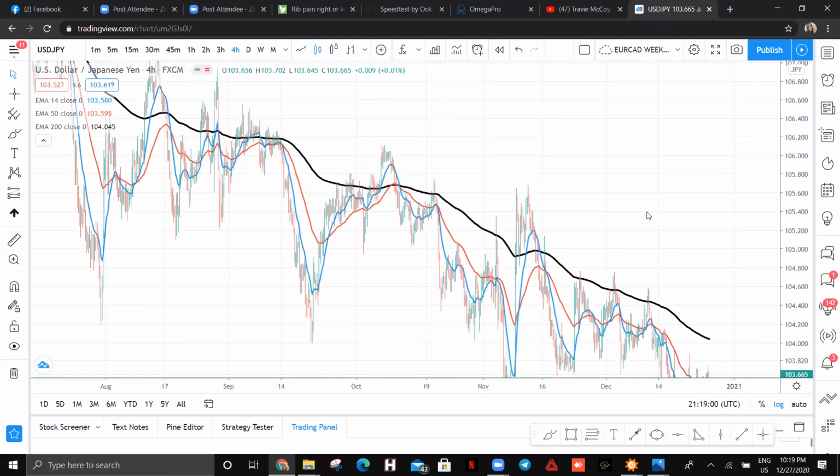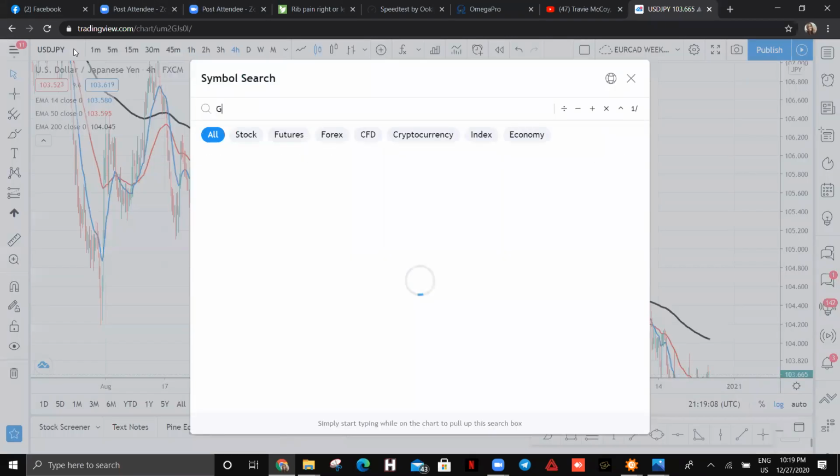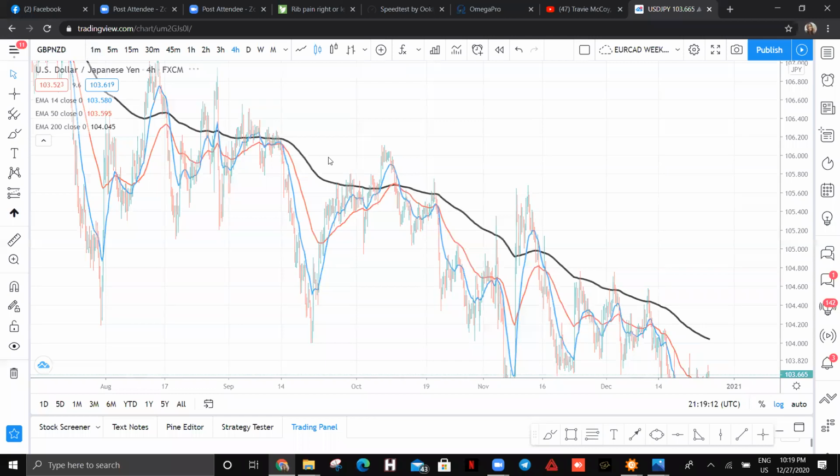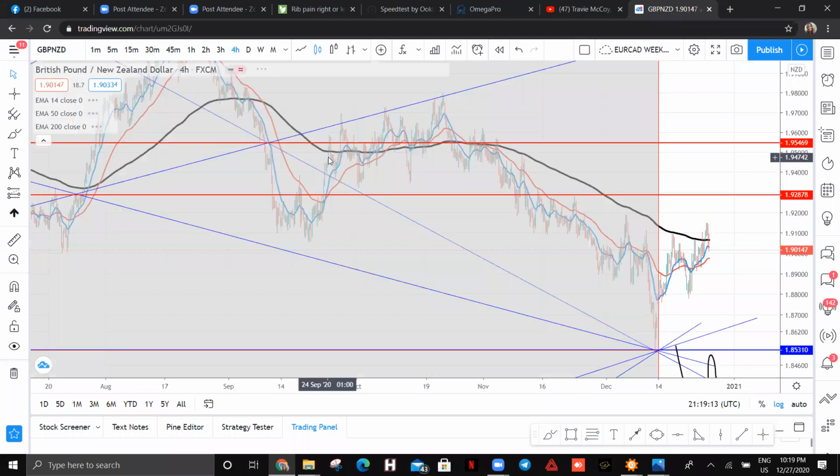Now, looking at this chart, you can see that price is below the 200 EMA. Maybe I should look for another pair, GBPNZD, because this one has so many longs. Okay, this is a beautiful one. Let me delete this rectangle.